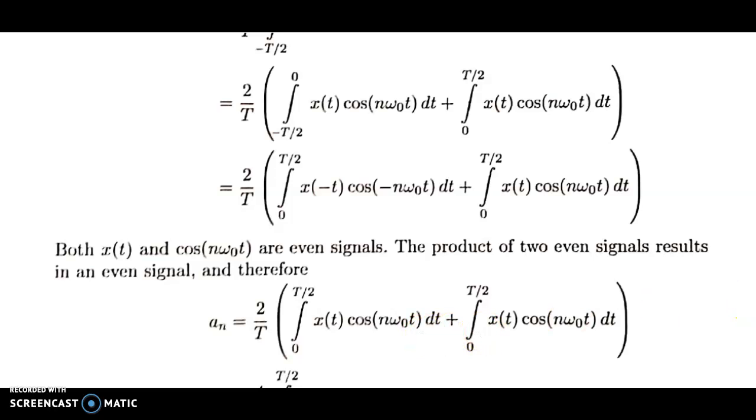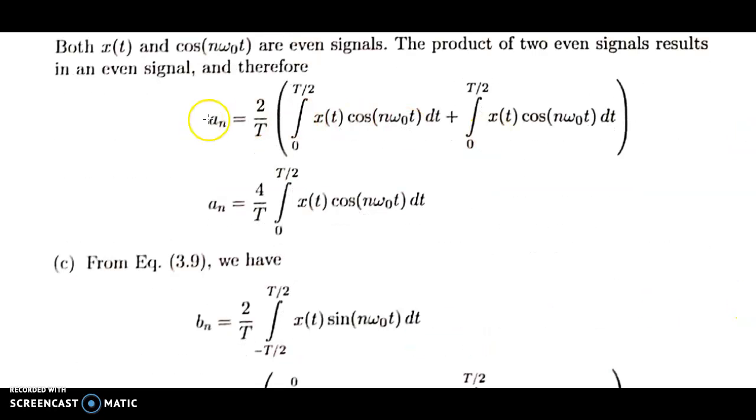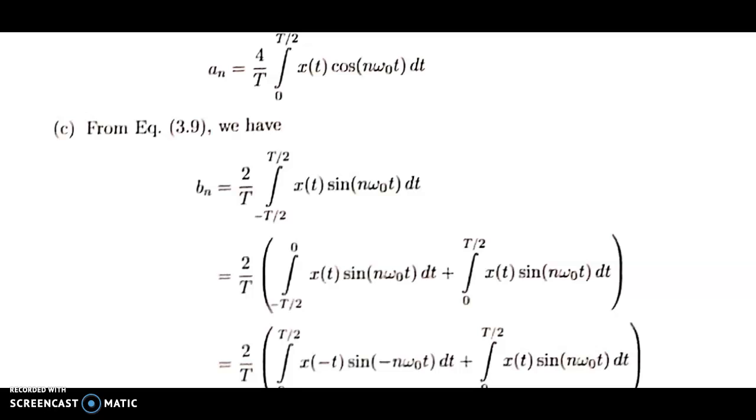Therefore it can be written as twice, so it becomes 2 into 2 by T, which is 4 by T, integral 0 to T by 2 x of t cos n omega 0 t dt. And that is the expression for an. Therefore when x of t is an even signal, we have the expressions for a0 and an.